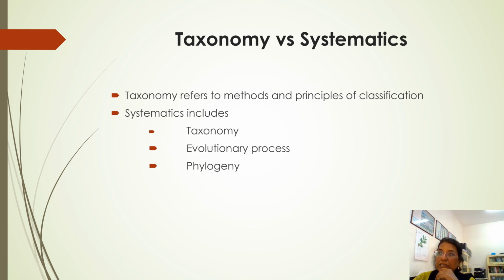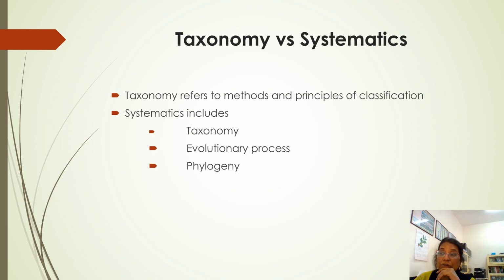Taxonomy is largely dealing with the naming and classification of the plants, and systematics deals with naming, classification, and it also involves the study of evolutionary relationships. It also includes cladistics and phylogenetics.